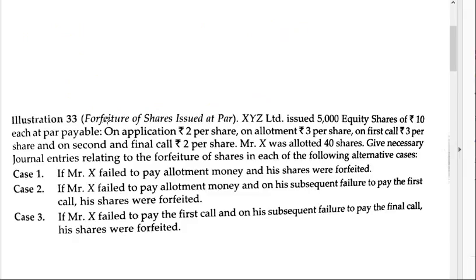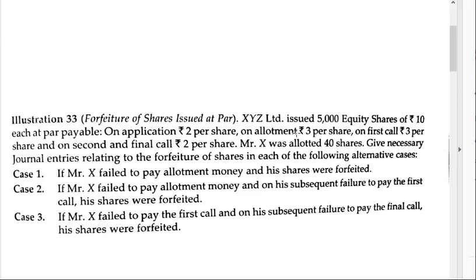This is important. Now see, they called application ₹2 per share. He paid the application. They called allotment money of ₹3 per share, but he failed to pay allotment money. And immediately after failure to pay allotment money, his shares were forfeited. Now will the company make the first and the second call?